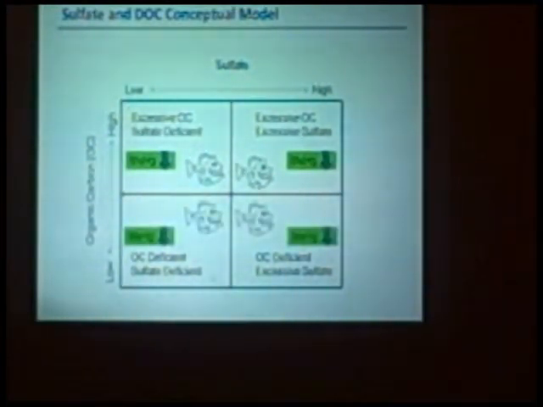And there's a lot of other situations in the far extremes, like if there's excessive organic carbon and excessive sulfate, counterintuitively, there's not very much methylmercury because excess sulfate creates a toxic environment for the bacteria, which isn't good. And so all these extremes actually create situations where there's low methylmercury, which is kind of counterintuitive.